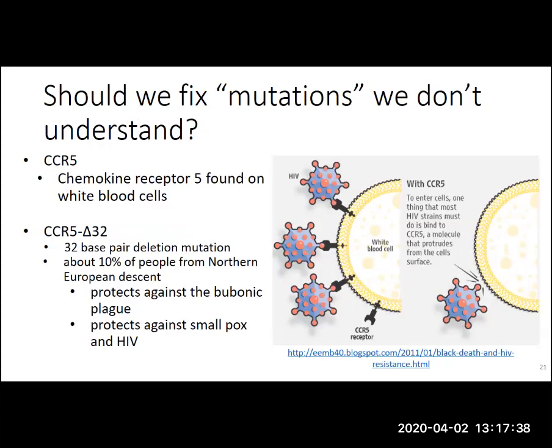Normally, these cells, as illustrated on the diagram to the right, are going to have these chemokine receptors on the surface, and this is used by the HIV viruses as an anchorage point that they bind to and then actually get incorporated into the cells and infect the cells.